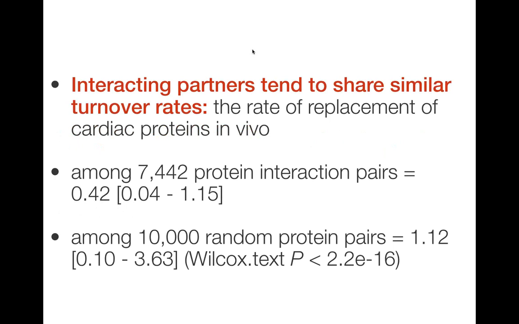So we queried around 7,500 protein-protein interaction pairs from a number of databases through Cytoscape, and we combined the networks. And we wanted to measure the average distance in turnover rates between protein-protein interaction pairs, and then compare that distance to the difference in turnover rates among 10,000 random protein pairs.